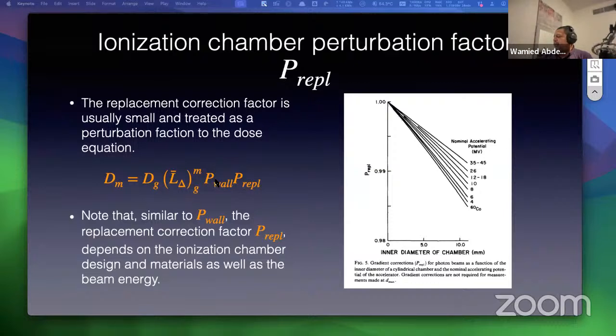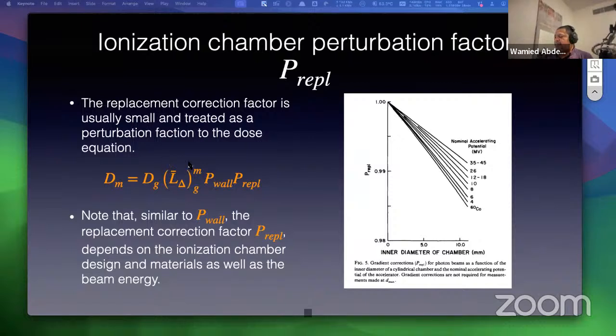Similar to the P wall, the wall correction factor will depend on the design of the chamber, as well as on the beam energy or beam quality. The P replacement is another factor that depends on the ionization chamber, as well as on the beam energy. So both of these factors depend on the beam energy as well as on the chamber.